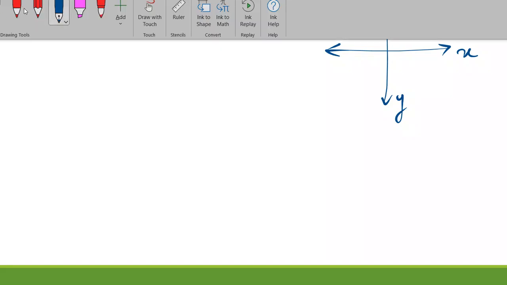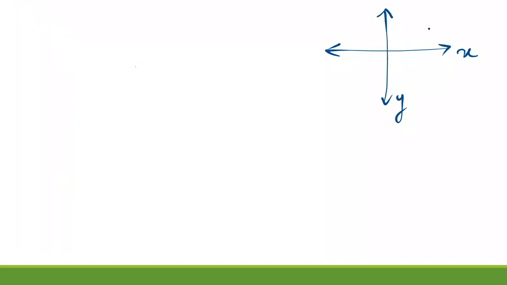Now think about the condition. If this is our graph and this is your x-axis and this is your y-axis, suppose I am taking any line that cuts the x-axis, like this, say y is equal to some f of x. If it cuts at the x-axis, what will the y coordinate be?